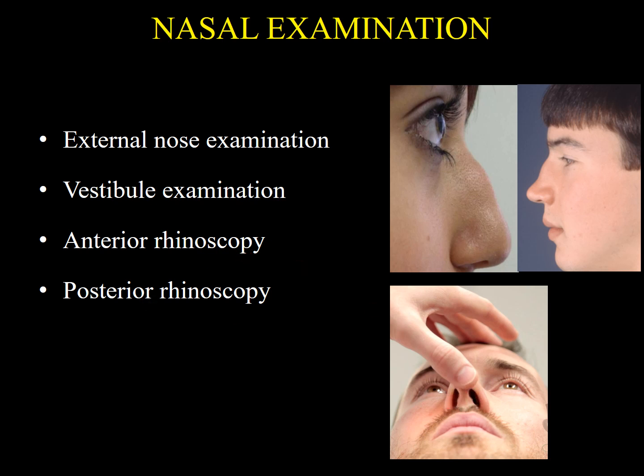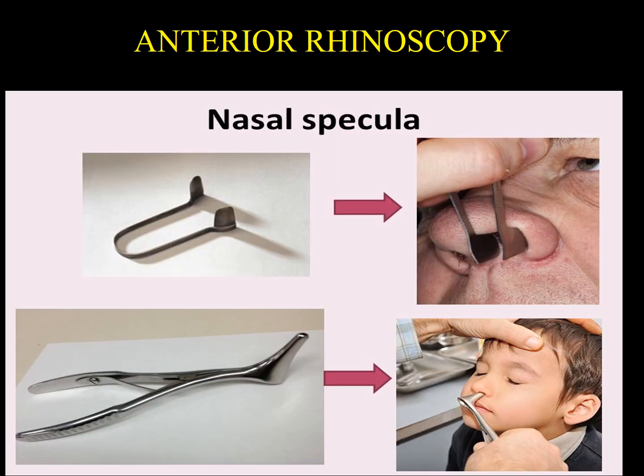Anterior and posterior rhinoscopy. For anterior rhinoscopy, two speculums are used, namely the Thudichum nasal speculum and Killian's nasal speculum. As far as students are concerned, they are only allowed to use the Thudichum nasal speculum.